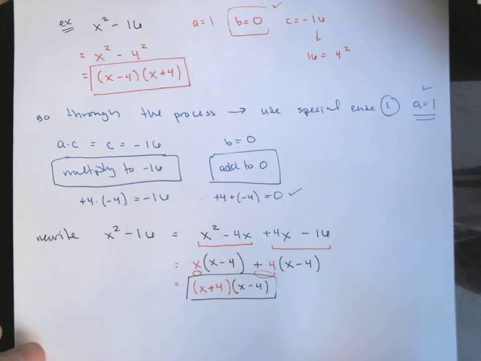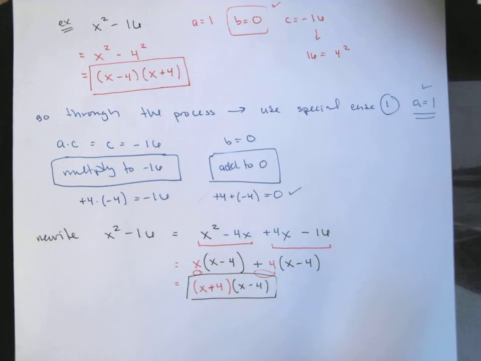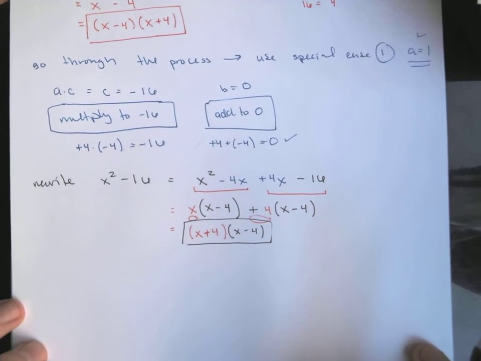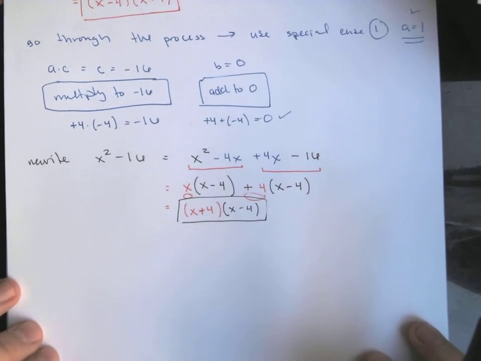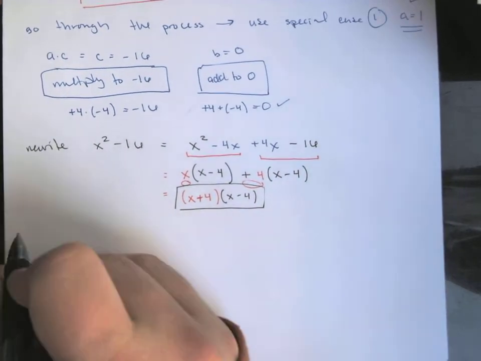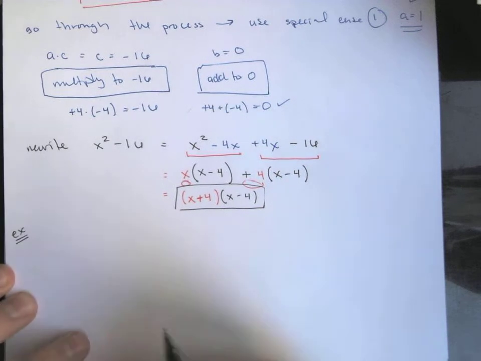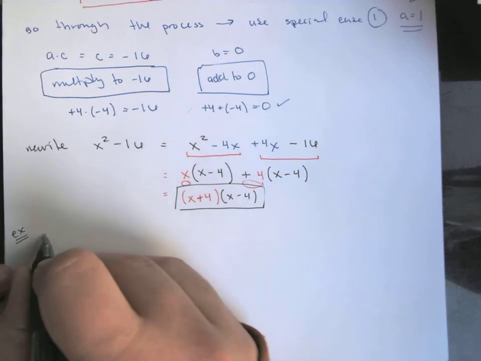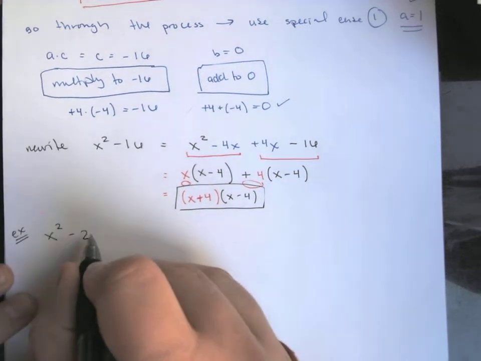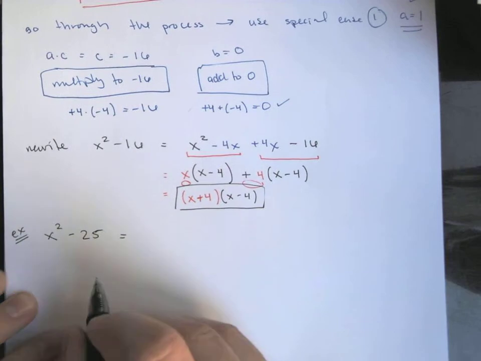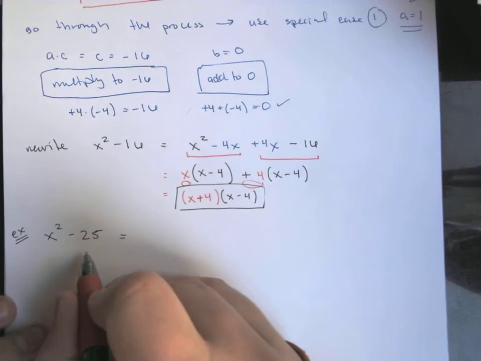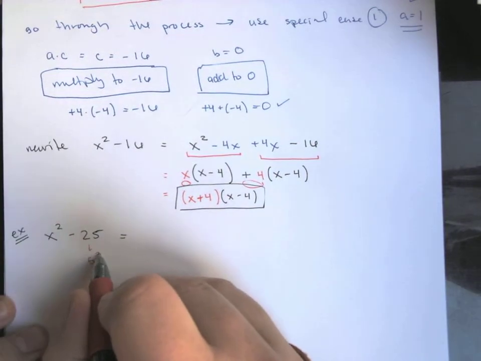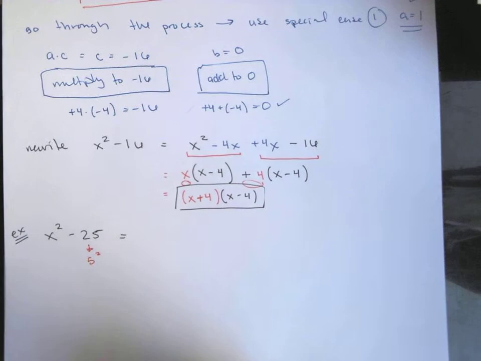What this allows us to do is if I can catch this pattern where I have no middle term and I have a perfect square on the end, I can do some very fast factoring. Let me give you guys some super fast examples. So for instance, if I had x squared minus 25, the idea is of course 25 is 5 squared.